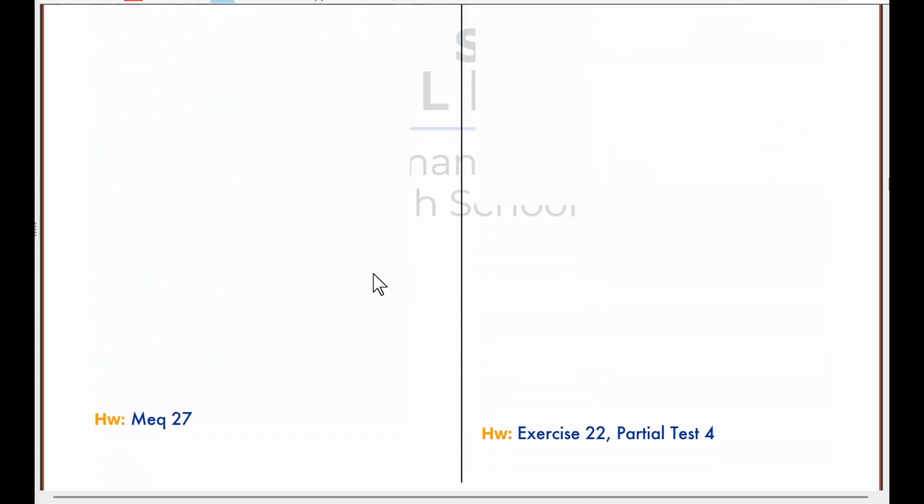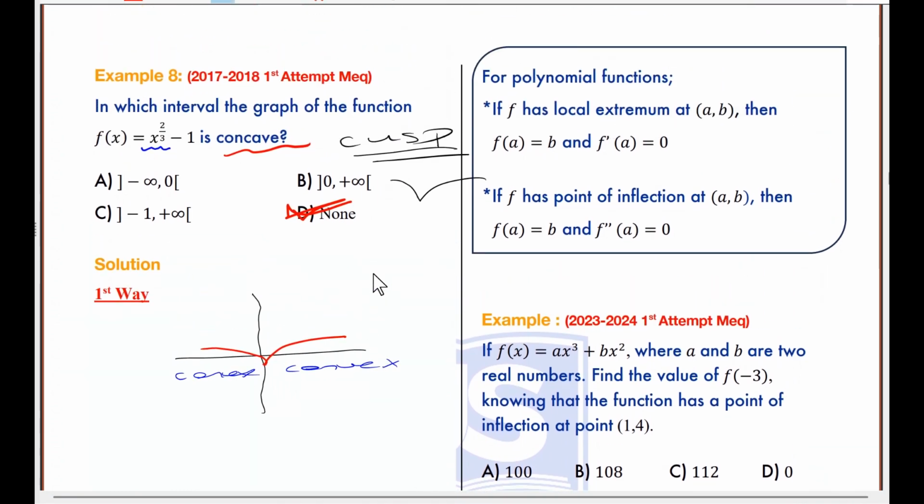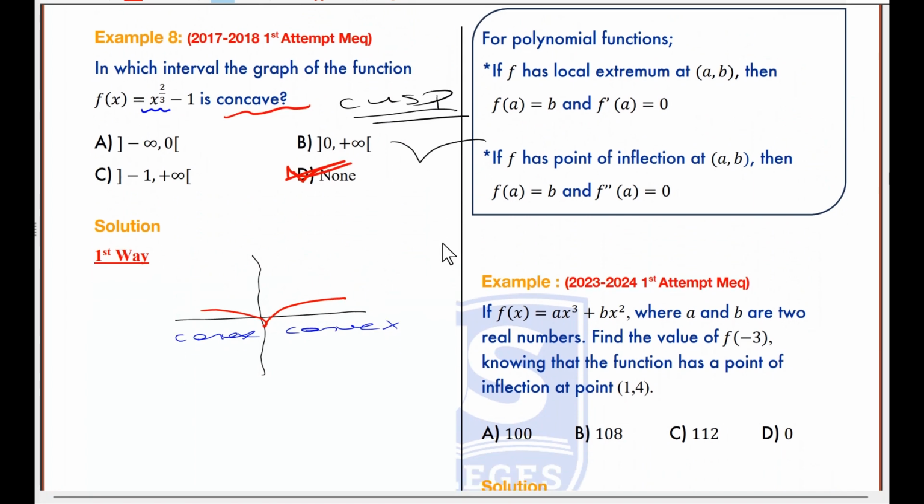Okay, I will solve one last question about the second derivative test before I continue with another part of this section. First of all, let's talk about this note. For polynomial functions, if f has a local extremum at (a, b), then f of a is equal to b, and the first derivative is equal to 0.